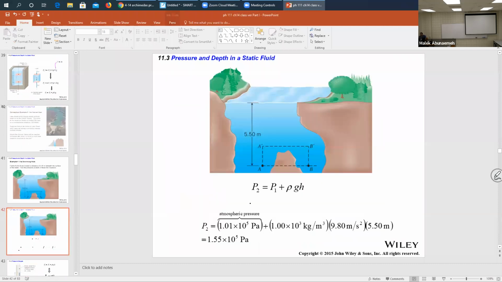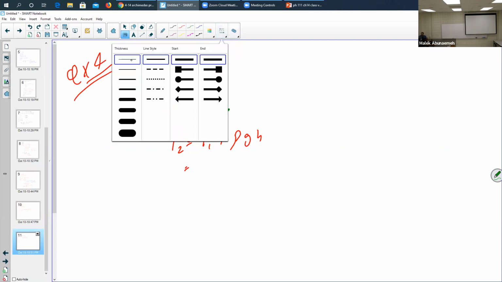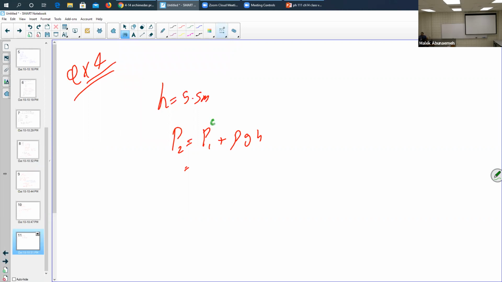Your pressure at point 2 is going to equal your pressure at point 1 plus rho gh. Your P1 is going to be your atmospheric pressure, which is again 1.01 times 10 to the 5th power pascals.